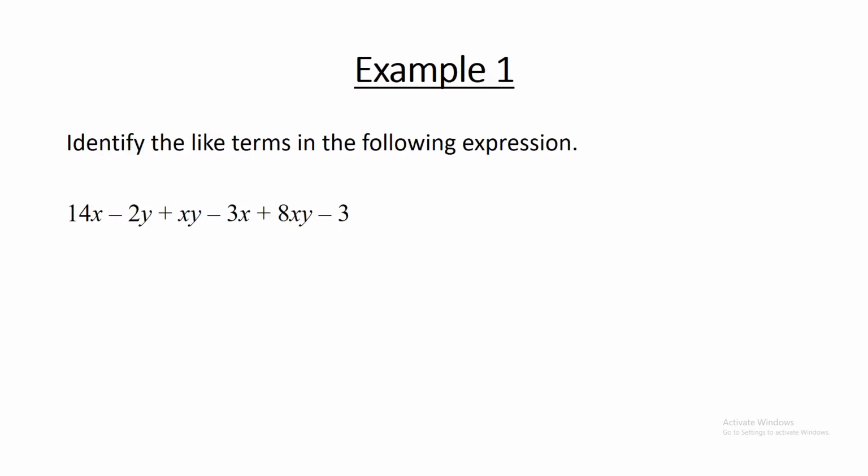So consider this expression. It's a pretty long expression. And what you're asked here is to identify what the like terms are. Now, before we talk about that, let me get a little bit more specific with what we mean by the word term. Term is simply the part of the expression that we are adding, right?